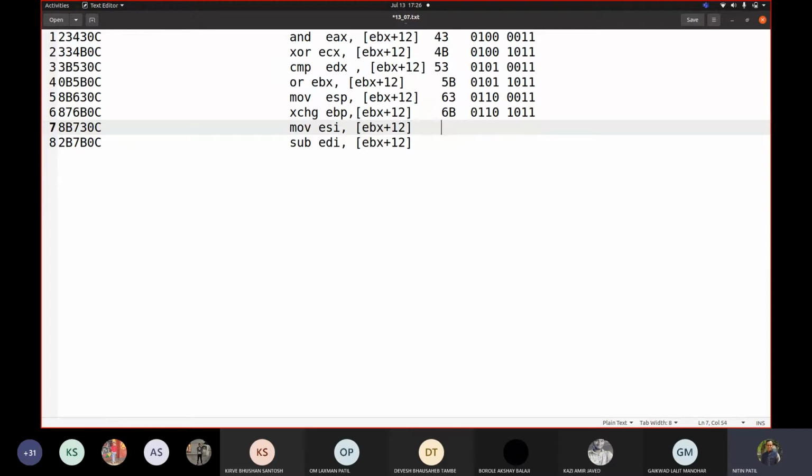This is 73, so 0 1 1 1 0 0 1 1. And the last one is 7B. How would it be? 0 1 1 1 and 1 0 1 1. Correct? Now we have this.